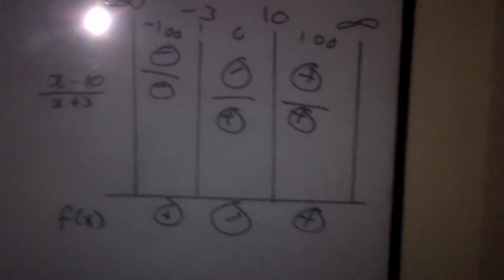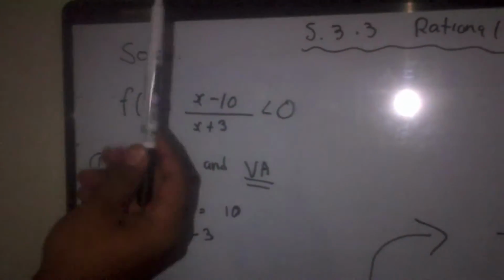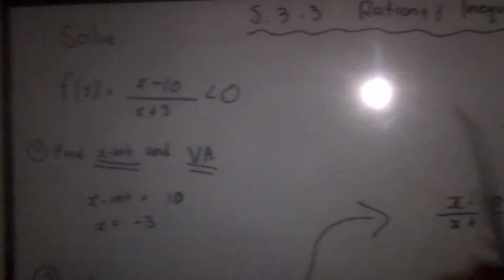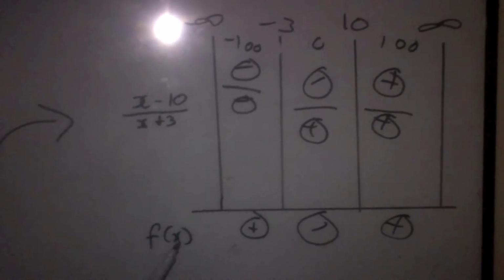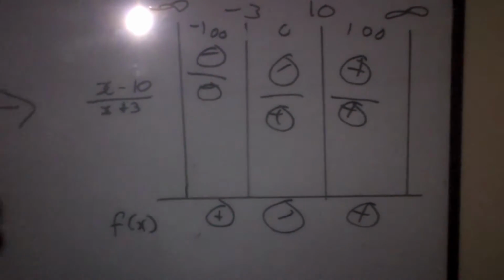Now, the question is telling us to determine when this function is less than 0. As you can clearly see, between the intervals -3 and 10, the function f of x is negative, which means it is less than 0.